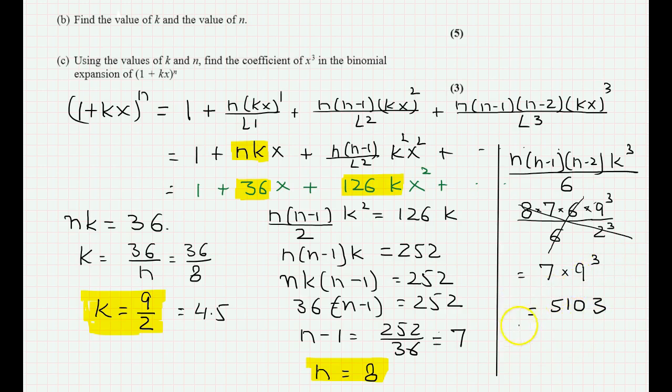So the coefficient of x cubed is 5103. So this is the answer of the second part of 3 marks.